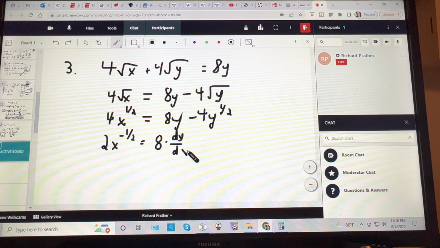And this is why if you put x's on one side and y's on the other, you might not forget to do that, because I know it's going to happen on every term over here now. So the derivative of this would be negative 4 times 1/2 is negative 2. Y to the negative 1/2 the same way that one was negative 1/2, but then a dy over dx.